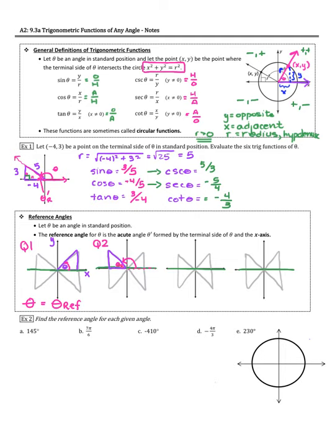Notice that my reference angle, I'm going to abbreviate it as theta sub r, is actually going to be, because what is this angle inside? Well, the two of them together would add up to 180. So 180 minus whatever theta is gives me that reference angle, the angle that's inside that little triangle. So for instance, if this were 120 degrees, my reference angle would be 60. The two of them will be supplementary.